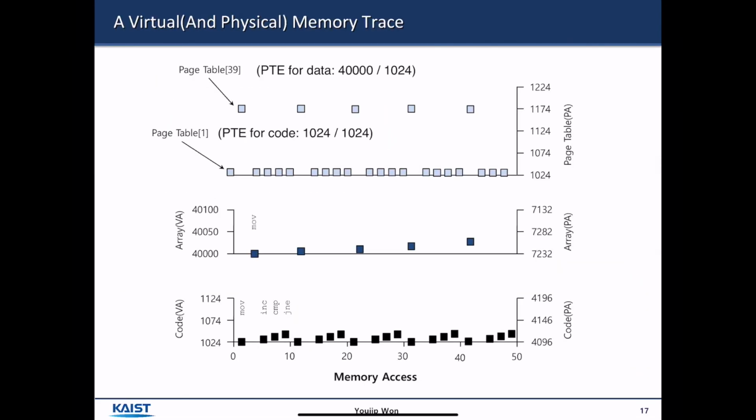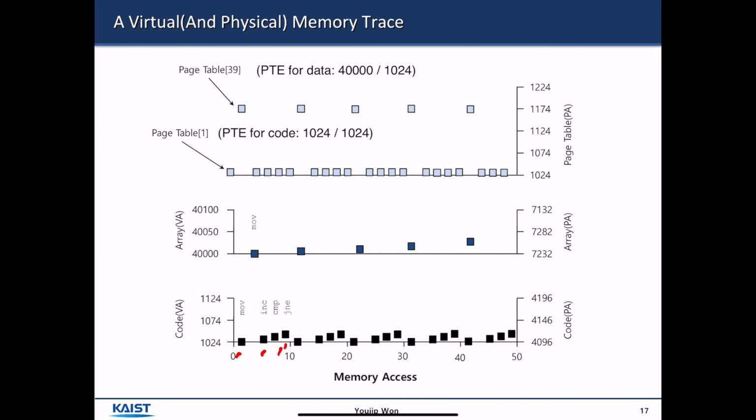This is a memory trace of accessing and executing these 4 lines of assembly code. There is move, increment, compare, and jump not equal. Then it iterates these 4 assembly instructions 1,000 times.